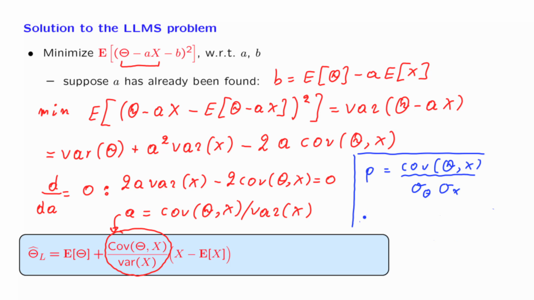Using this relation, we can now write the coefficient a as the covariance, which is rho times sigma theta sigma x, divided by the variance of x, which is sigma x squared. And after we cancel a factor of sigma x from the numerator and the denominator, we see that a is also equal to rho times sigma theta divided by sigma x, and this gives us this alternative form for the solution.